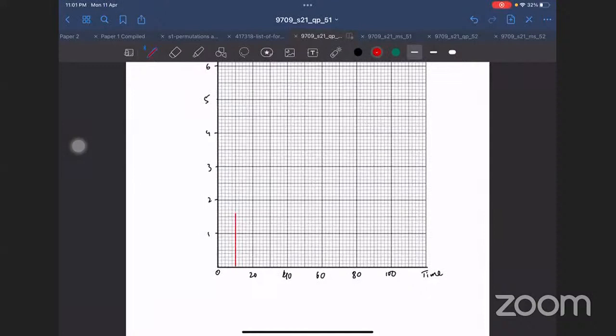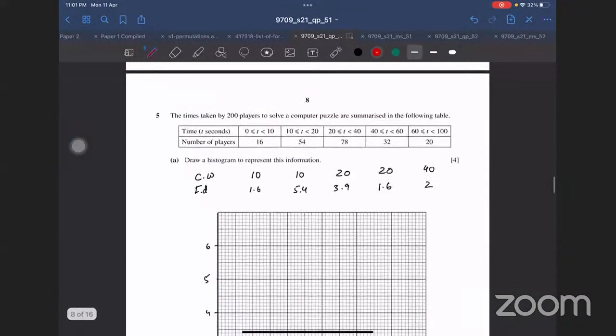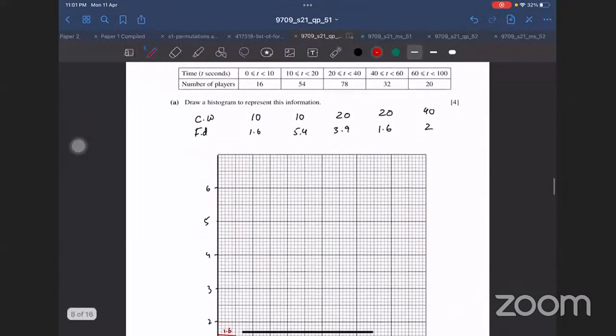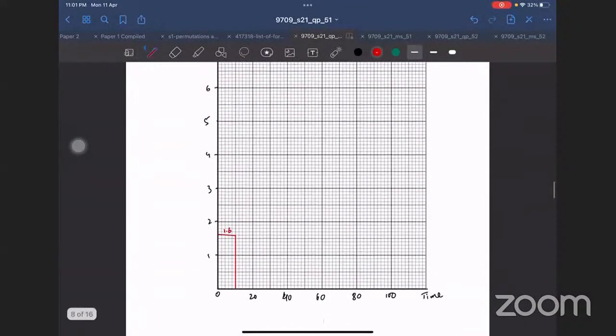So first bar is from 0 to 10. It's a bar for 1.6. So I'm just going to write 1.6. Then the next bar goes from 10 to 20 and it has a height of 5.4.